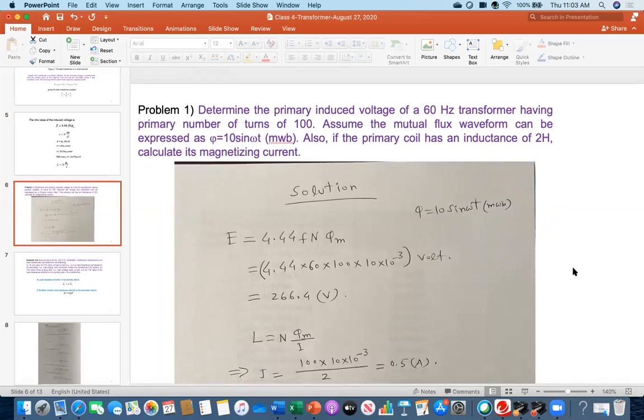We want to show that there is some resistance in both the primary side and secondary side. If we include the resistance, then there will be some loss, and we want to find out the equivalent circuit parameters. That will be your lab number 2, experiment number 2 in the lab about transformer.